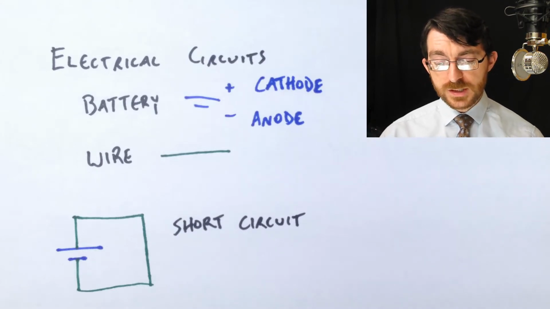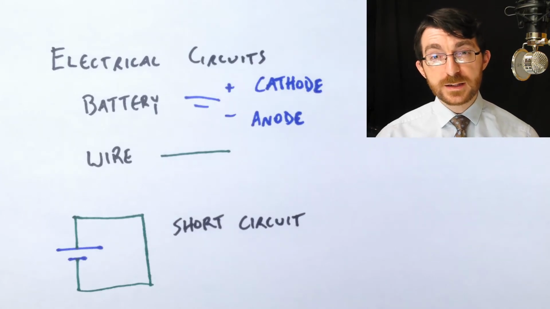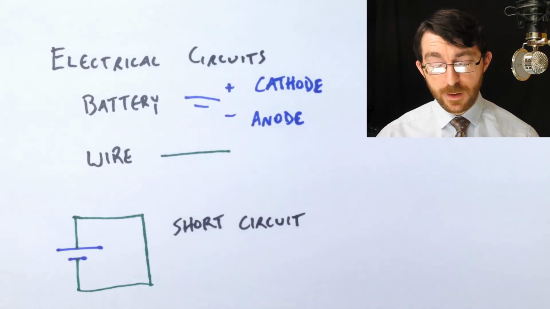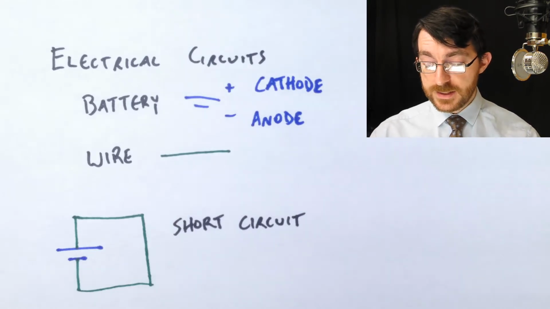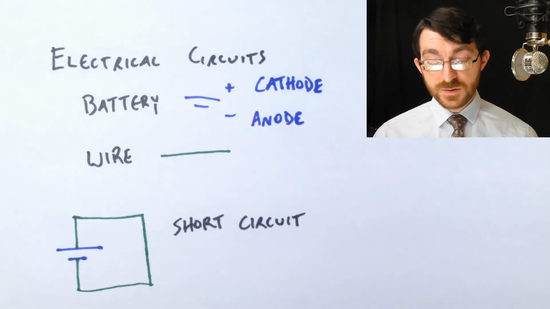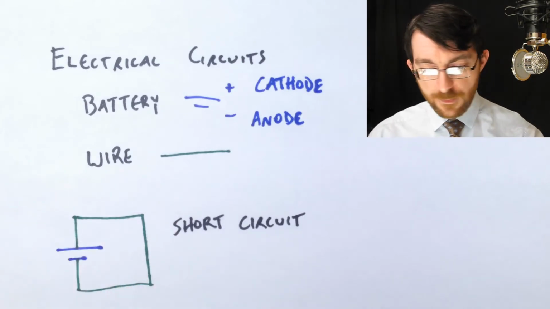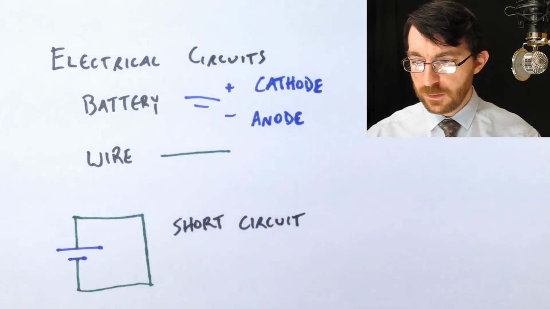Okay, so since we've got a battery and a wire, I mentioned that the battery was a source of energy. And the way that that is done is that a battery contains an electrochemical reaction that's just kind of frozen in place. So let me just sketch that real quick. Inside of a battery, I used blue for battery, so I'll keep going with that.